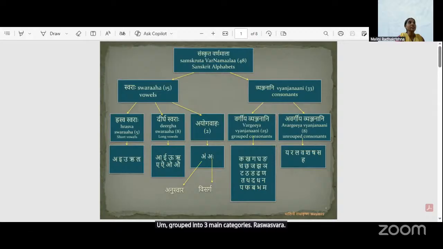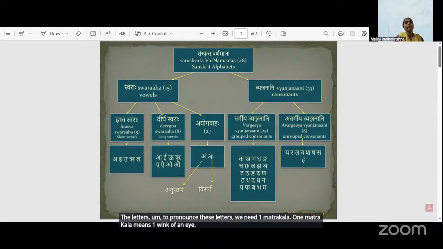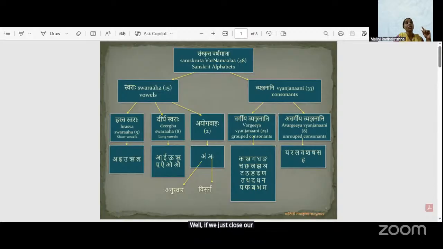Under the Swaraha, the letters are again grouped into three main categories: Hrasvaswaraha, Dirghaswaraha, and Ayogavahaha, which are two in number. Hrasvaswaraha means the letters to pronounce which we need one matra kala. One matra kala means one wink of an eye. If we just close our eye and open, that is one wink, and that time required is called one matra kala.